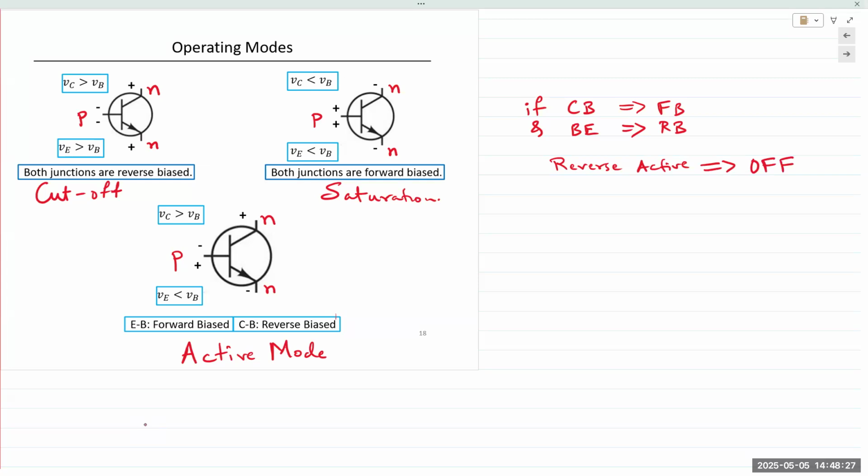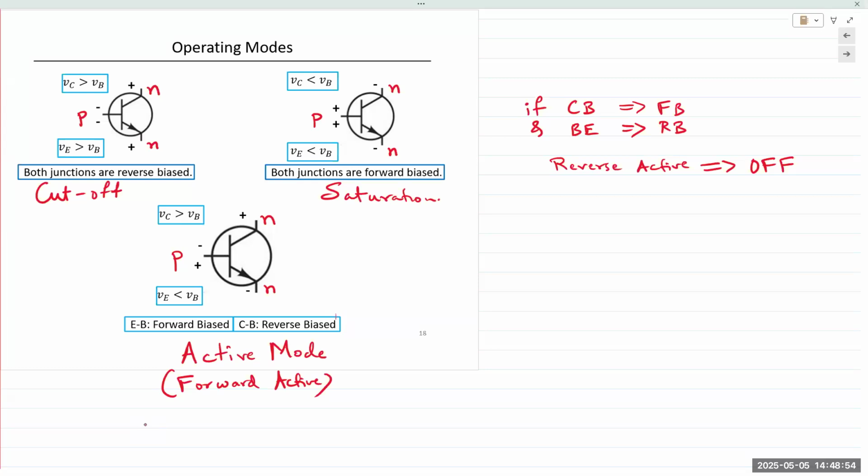That's all it means. The active mode is also known as the forward active mode. And if the collector base junction is forward bias and the base emitter is reverse bias, then it's known as the reverse active. Essentially, the transistor is off.